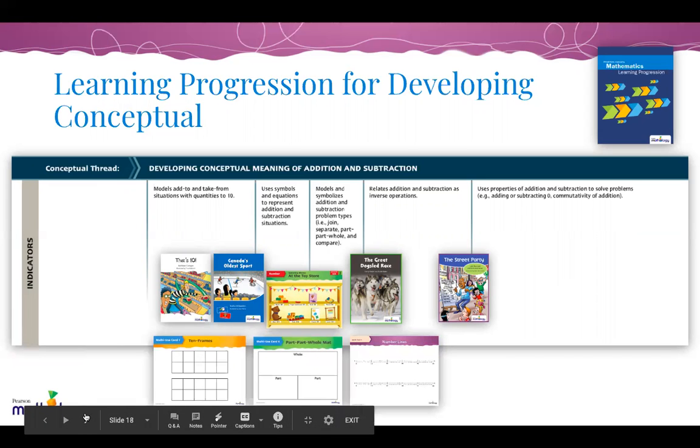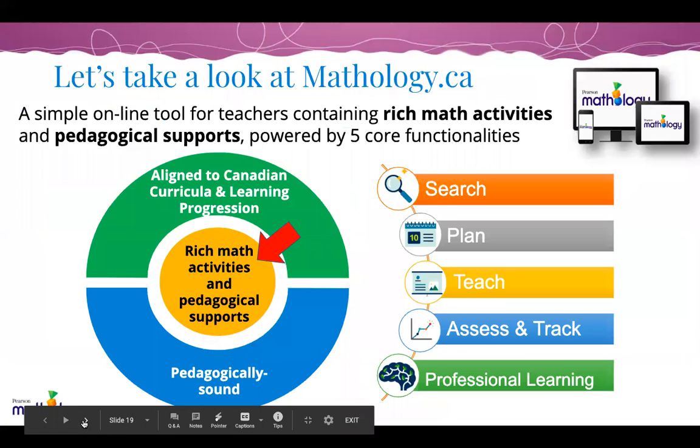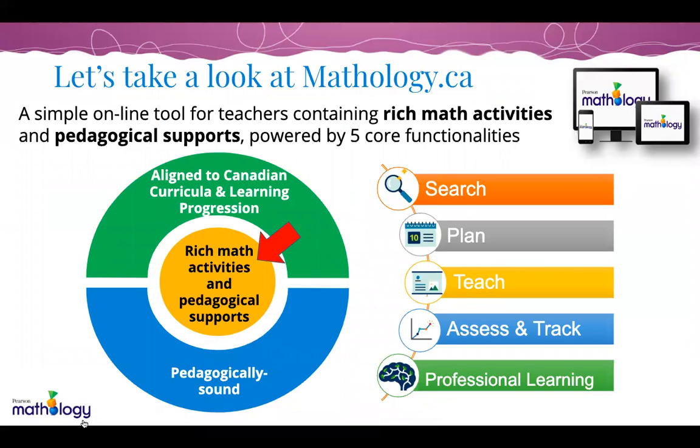So we've seen how the books help do that, and how some of the teaching cards help do that, and how some of the multi-use cards like 10 frames or part whole or a number line actually help students model these situations.